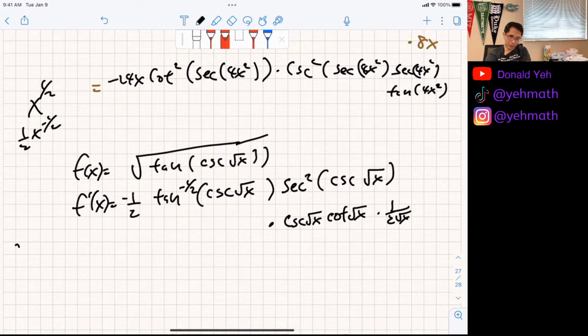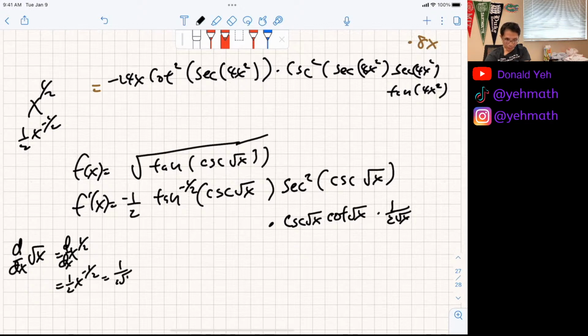So here, let me do it on the side. d/dx of square root x is equal to x to the 1/2, and that's equal to 1/2 x to the negative 1/2, or 1/2 square root of x. So that just shows you how to do that.